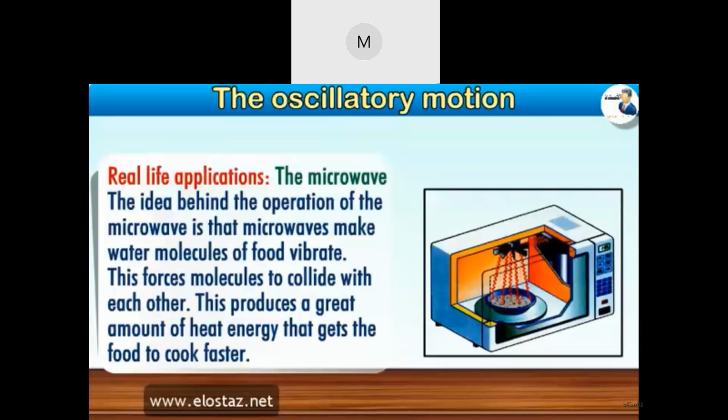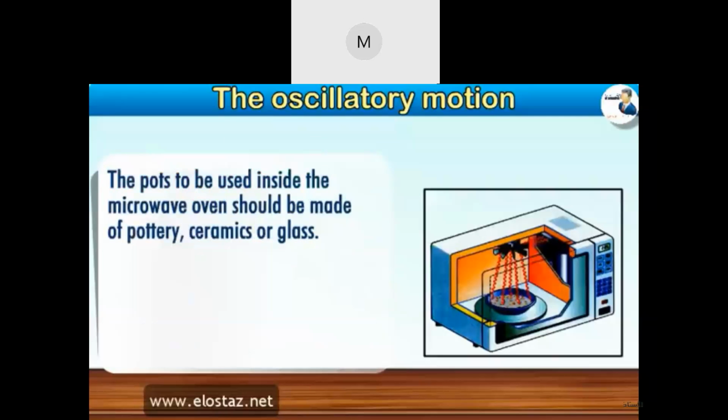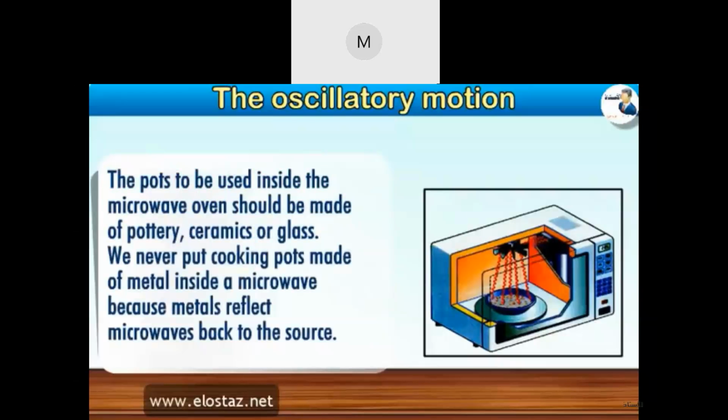This produces a great amount of heat energy that gets the food to cook faster. The pots to be used inside the microwave oven should be made of pottery, ceramics, or glass. We never put cooking pots made of metal inside a microwave because metals reflect microwaves back to the source.